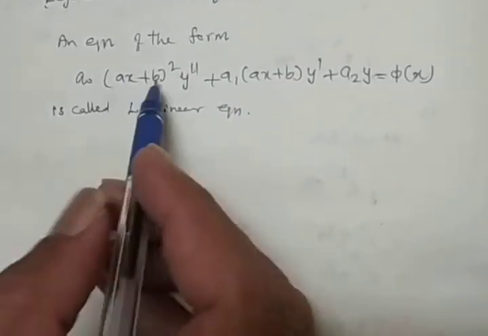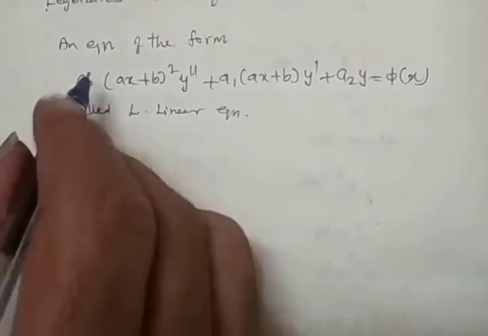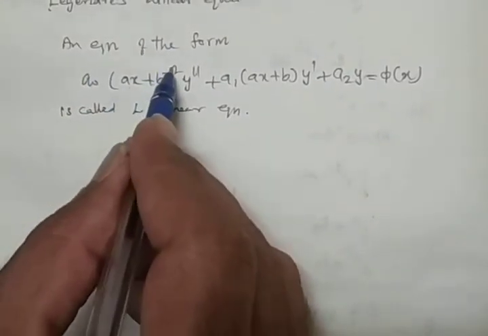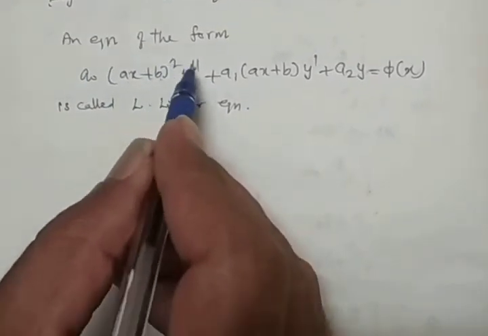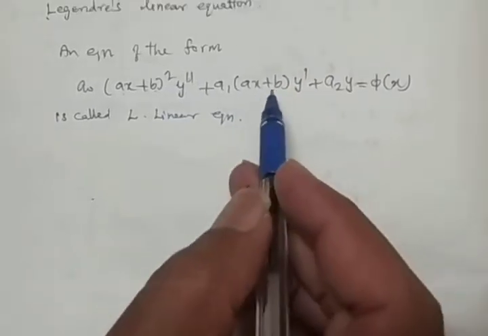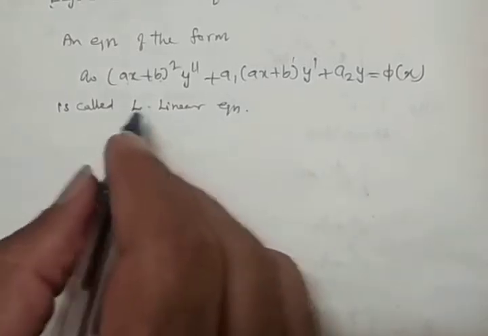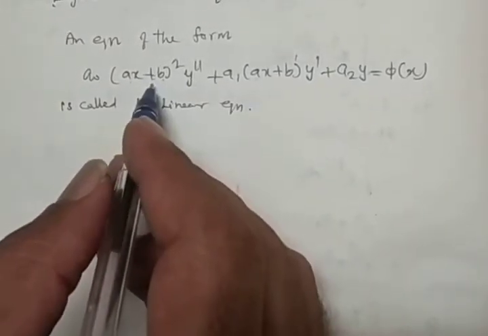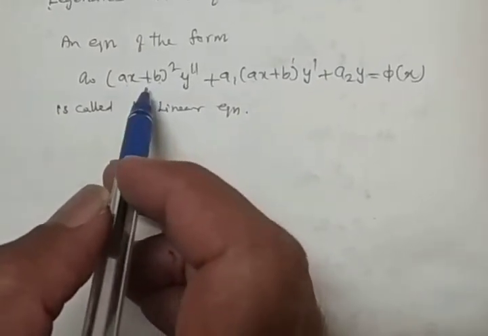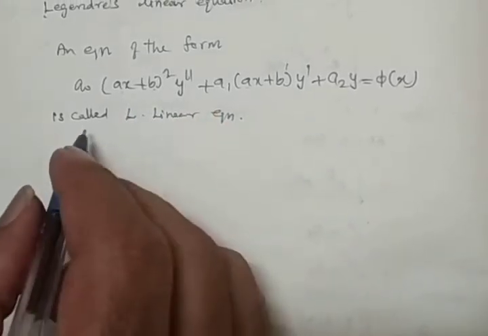Here we must check one thing. Here we must have (ax + b)² y'', this one should be the same, and (ax + b) to the power 1 into y'. Then this one can be reduced to a linear equation with constant coefficients.